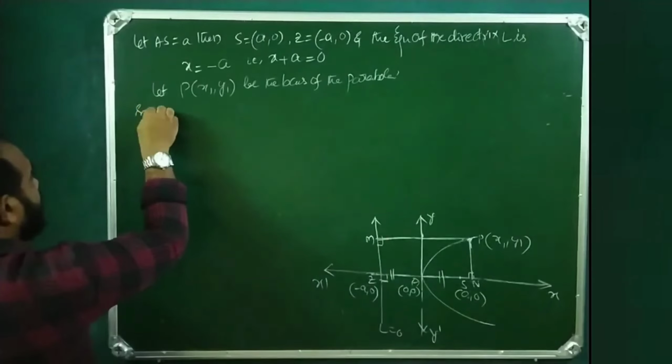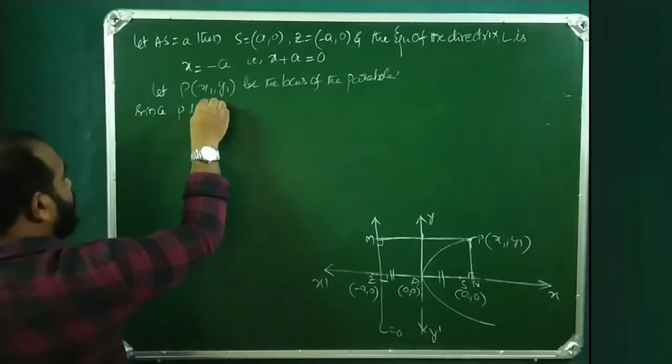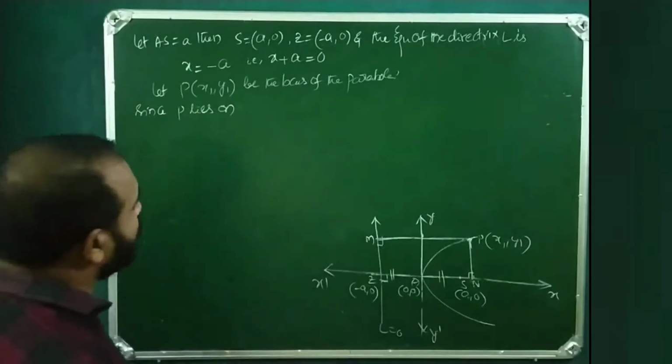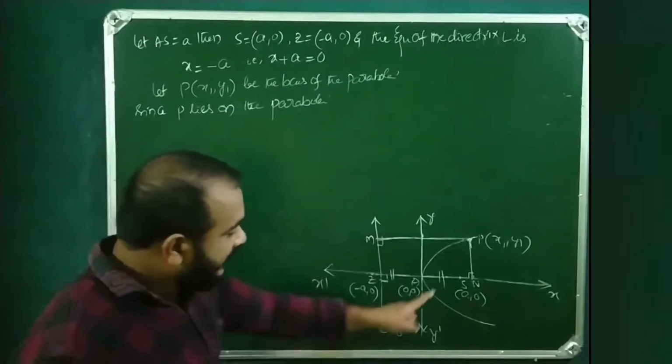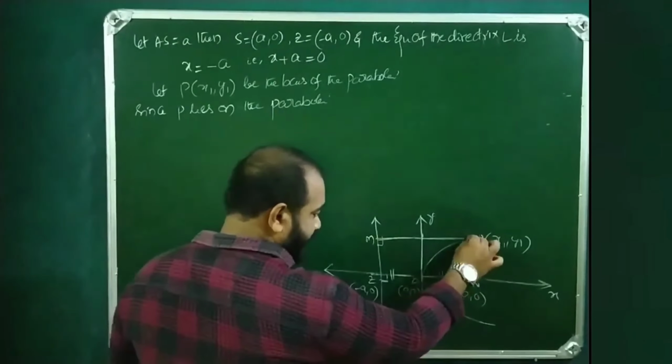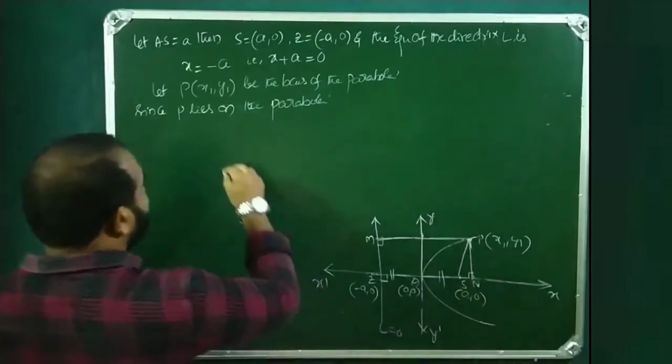Since P lies on the parabola, so its distance from a focus SP, by definition of a conic, its distance from a fixed point by its distance from a fixed line is equals to e, eccentricity e.